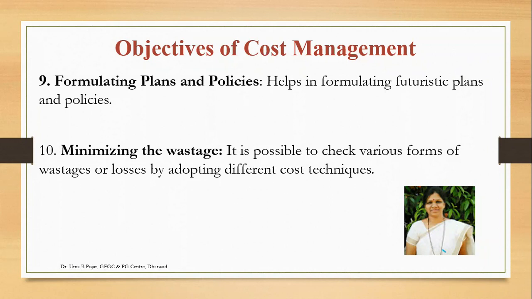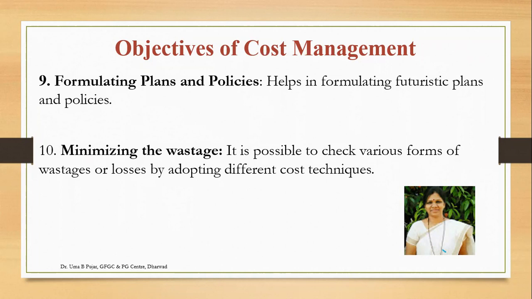It facilitates the setting of goals, framing policies, determining the alternatives, strategies, and deciding the programs of activities. It also provides the statements in the light of past results and gives the estimation for the future. So, cost management gives the estimation of costs, what can be or what will be the cost for the future plan.